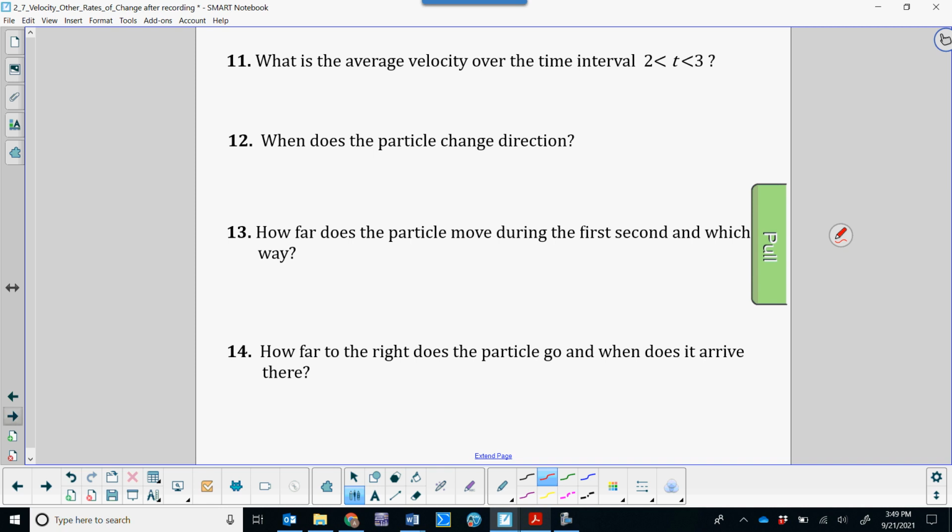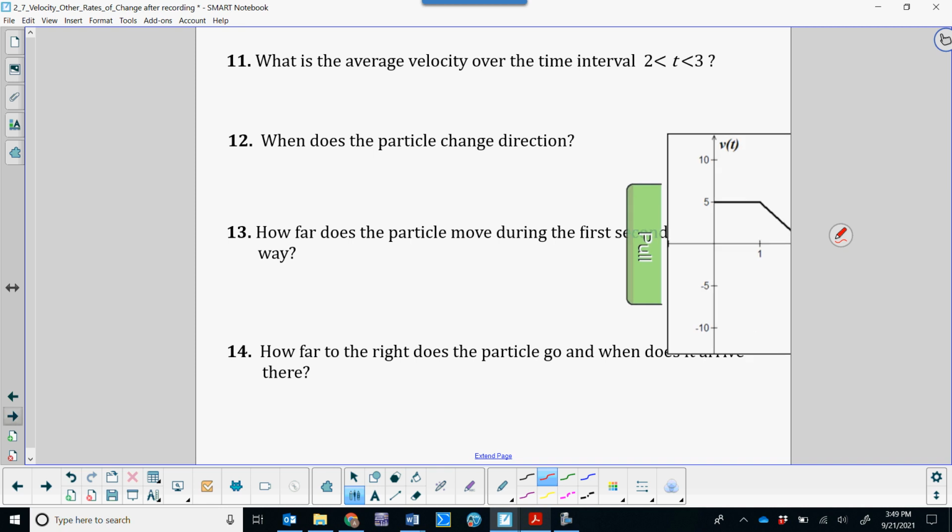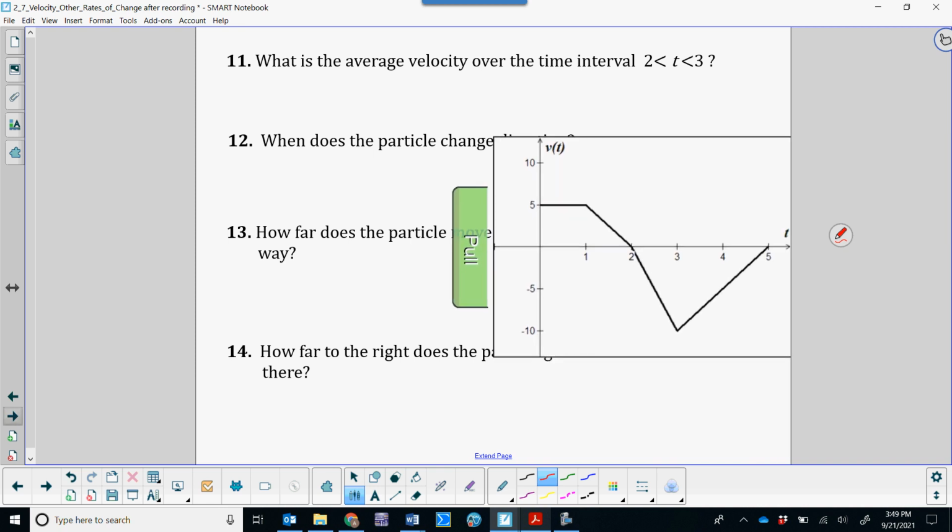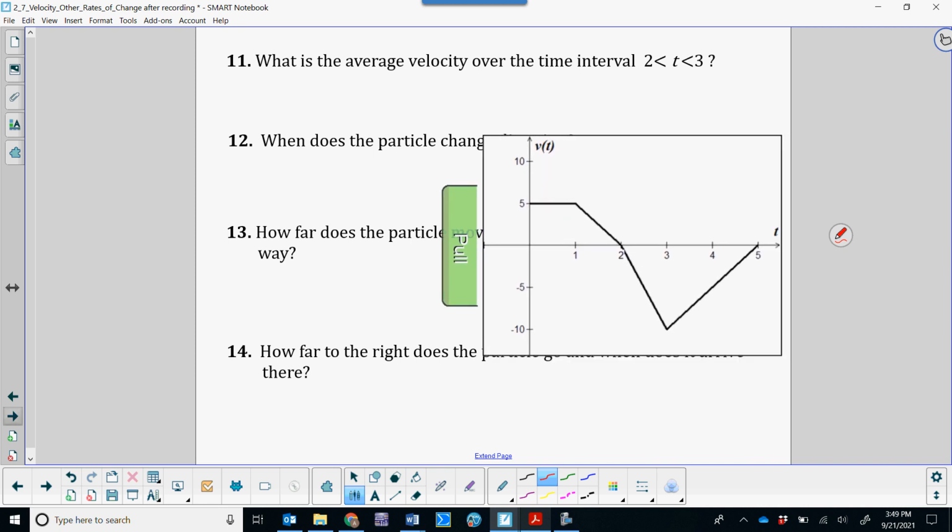Okay, so 11 says, what is the average velocity over the time interval from 2 to 3? Looking at our graph, going from 2 to 3, what we're actually going to find is the area of this shape right here, the area between the curve and the x-axis.